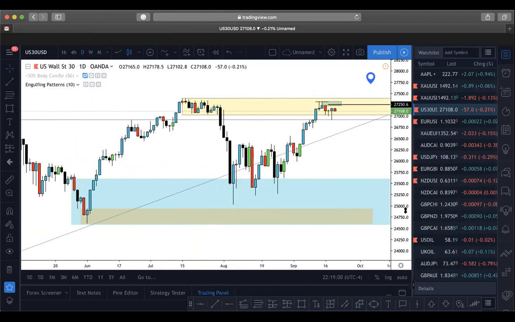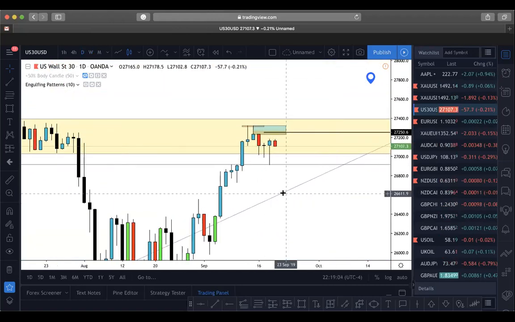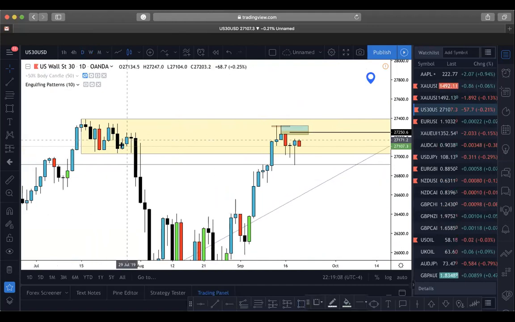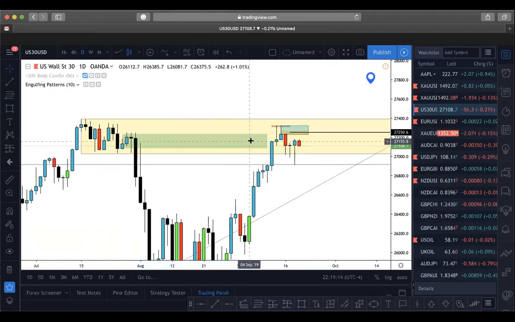So you drop down to the daily, and we know this is the weekly supply zone. On the daily, this would be the daily supply that was just removed. The zone responsible for removing it is this pause in the market right here.